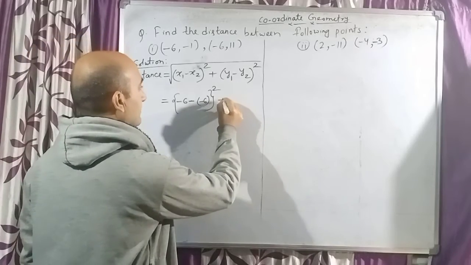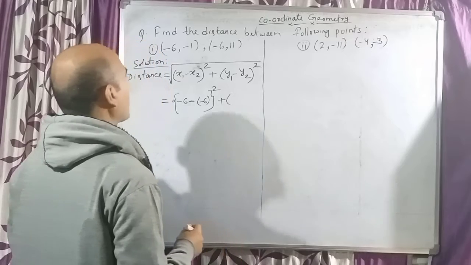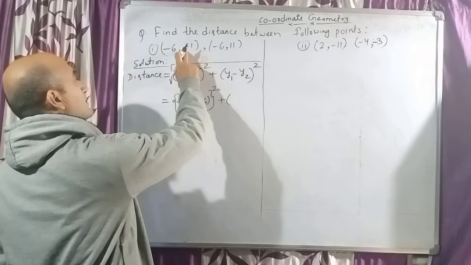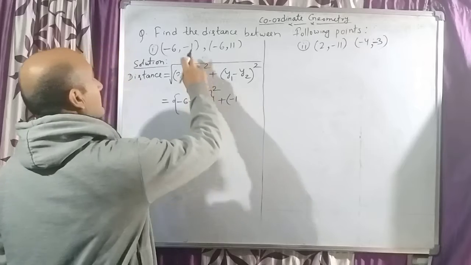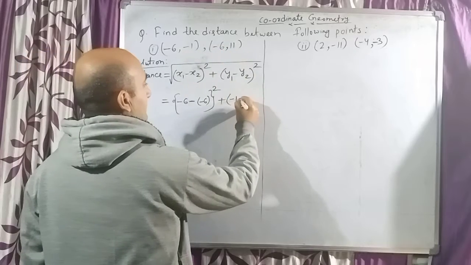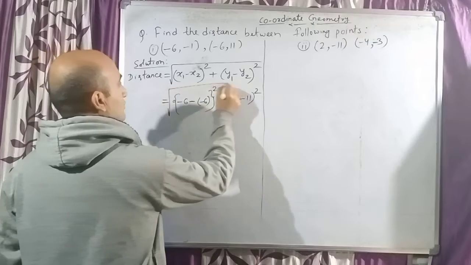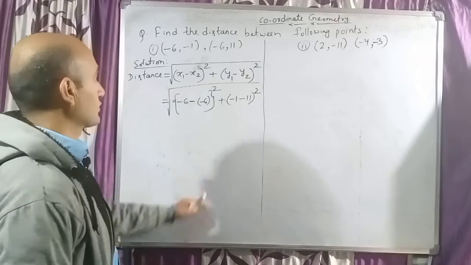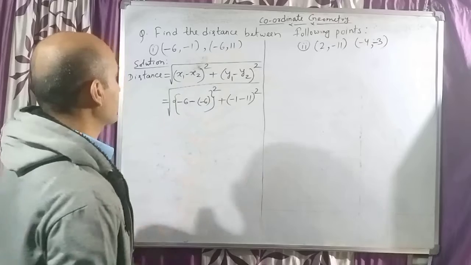Okay, next one, plus y1 minus y2 whole square. Here y1 is this one and this is y2, so I can write minus 1 and 11 minus 11 whole square root over. So y1 minus y2 whole square, second minus second.